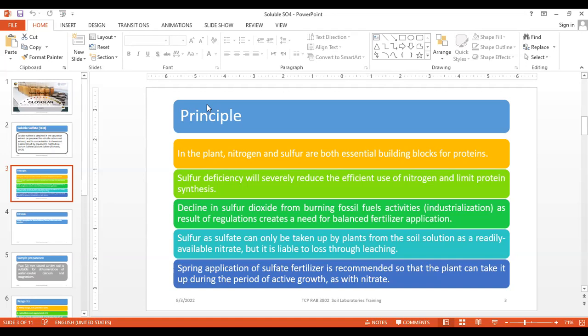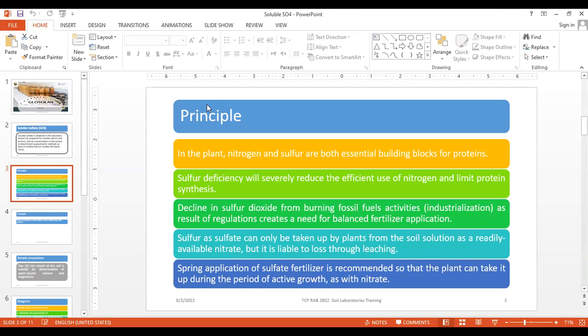And sulfur deficiency will severely reduce the efficient use of nitrogen, and this of course will limit the synthesis of protein. So with sulfur, all issues related to protein synthesis, which is a very important physiological process in the plant.